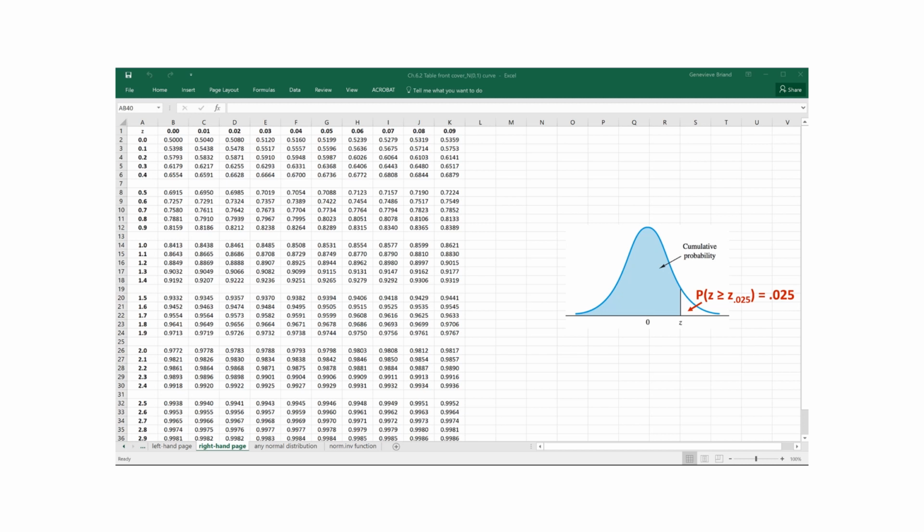And the z-value we were looking for has a cumulative probability of 0.975. Scanning through the cumulative probability values inside the table, we find the cumulative probability value 0.975 at the intersection of the row labeled 1.9 and the column labeled 0.06, which means the z-value we're looking for is 1.96.